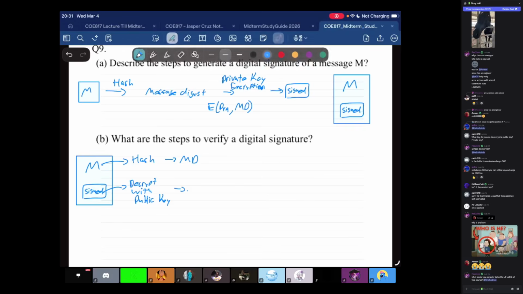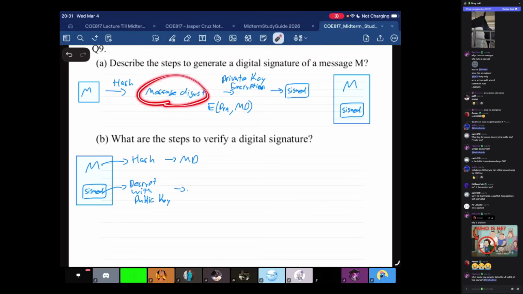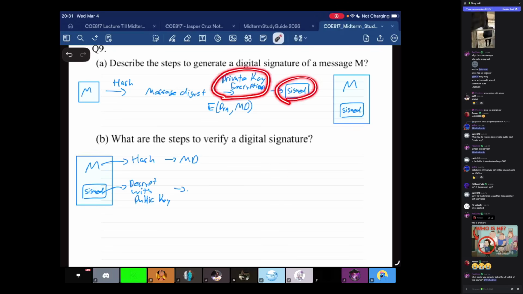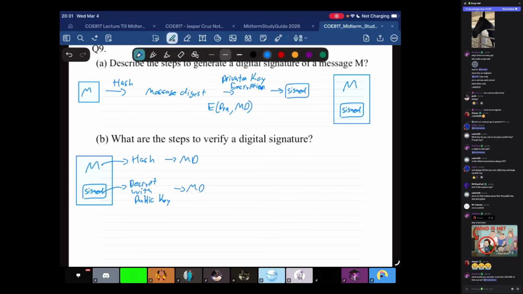Since we had encrypted the message digest with the private key and put the signed value at the bottom, the signed value includes the message digest. Once it's decrypted, we should get the same message digest. And if it's the same, then verified.